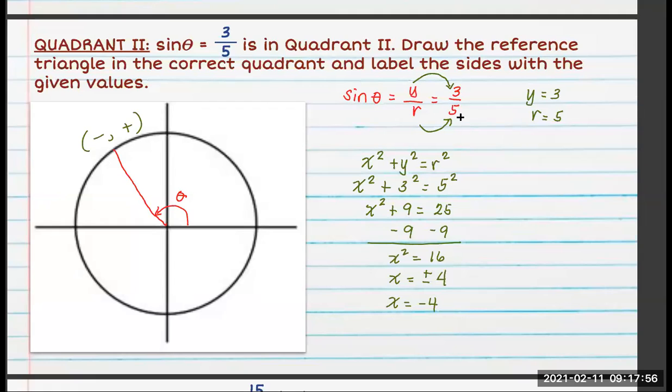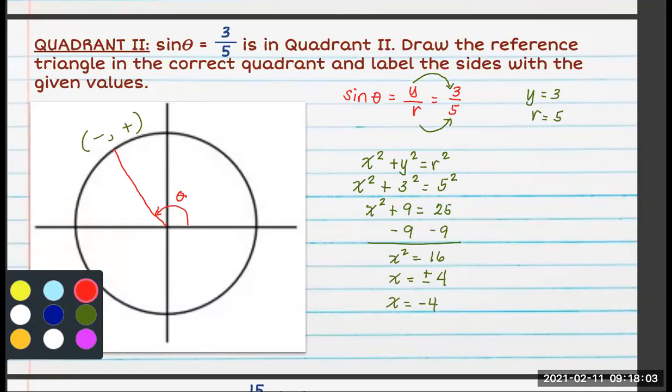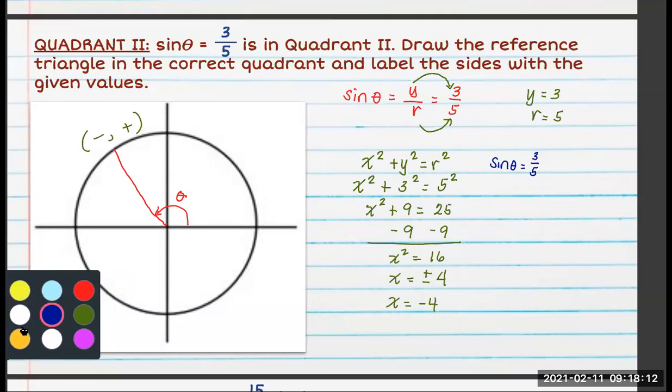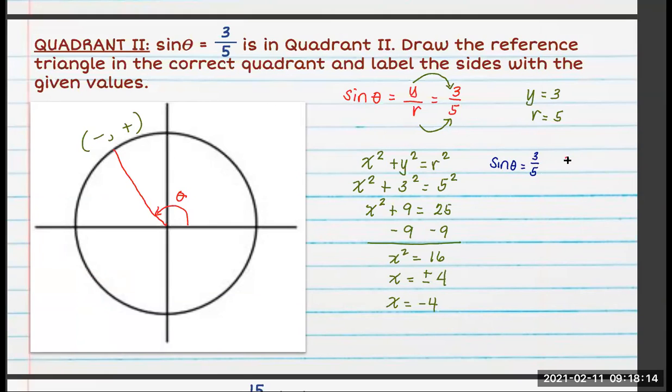Okay? So from here, let me just write down the given. So we are given that sine theta is equal to 3 over 5. Okay, it therefore follows that secant theta, not secant, cosecant. Reciprocal of sine is cosecant. So it follows that cosecant theta would be equal to 5 over 3.